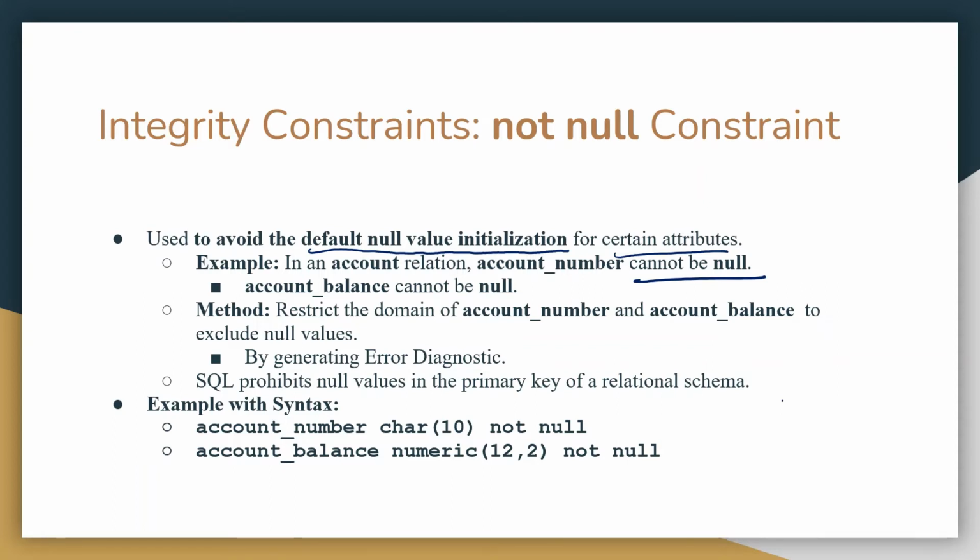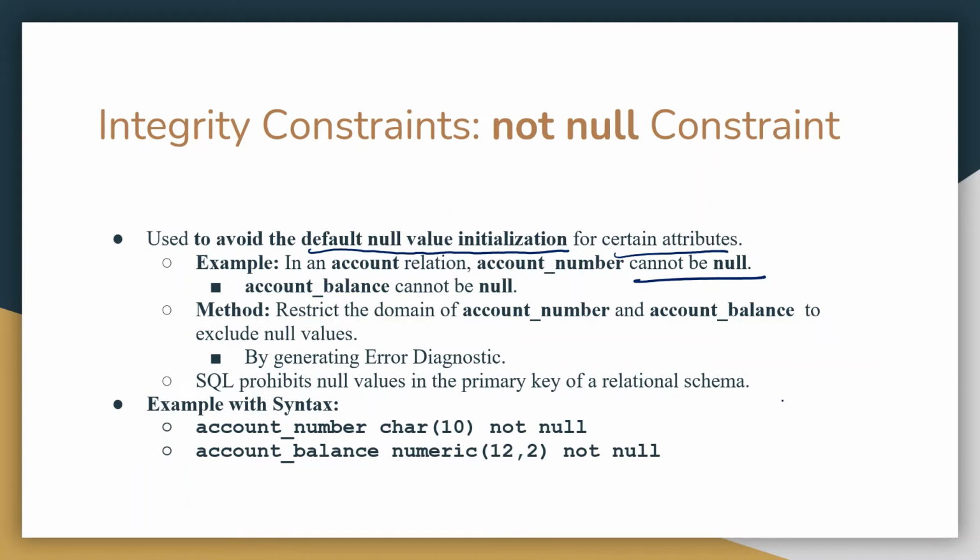Also, it is not meaningful to have a record which has data values in different attributes but the account number is null. It does not make sense that there is an account which does not have an account number, but there is some money present against some person's name. It simply doesn't make sense.